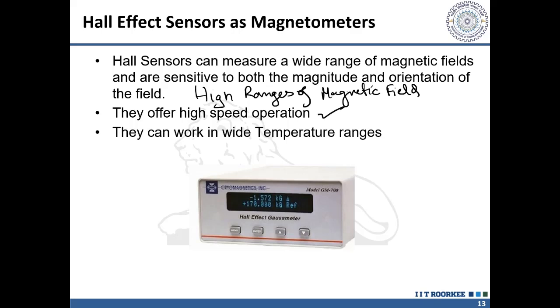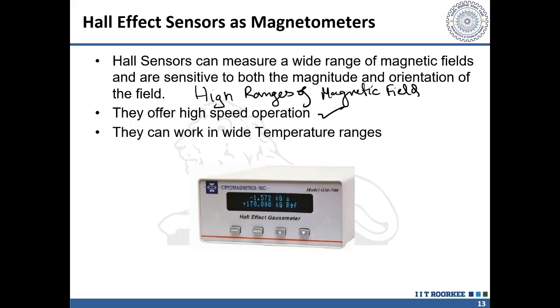Remember using a compass as such, the time it takes for a compass to orient in the right direction is pretty significant, right? And in comparison, the Hall effect sensor is going to give you the answers instantaneously, and they can work in wide temperature ranges.